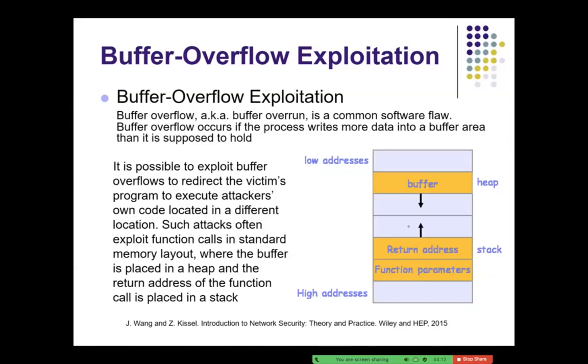Hence some of these can be without bounds, and then there is a way to exploit this problem. It is possible to exploit buffer overflow to redirect the victim's program to execute the attacker's own code.